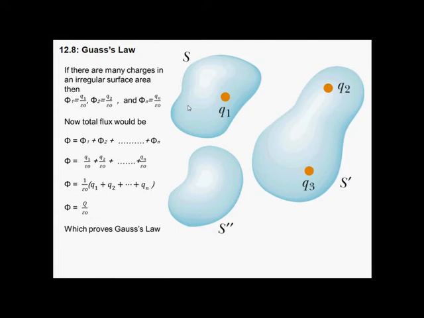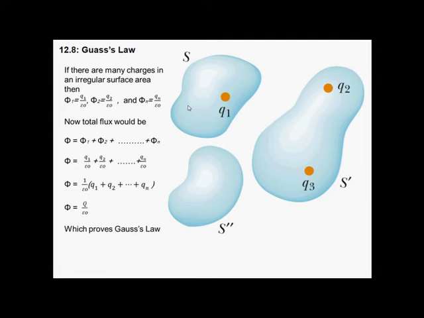Now the total flux would be equal to flux 1 plus flux 2 plus up to flux n, the sum of all the fluxes for all the charges. Then the total flux would be Q1 by epsilon naught plus Q2 by epsilon naught and so on up to Qn by epsilon naught.